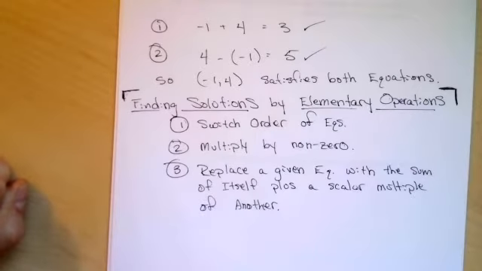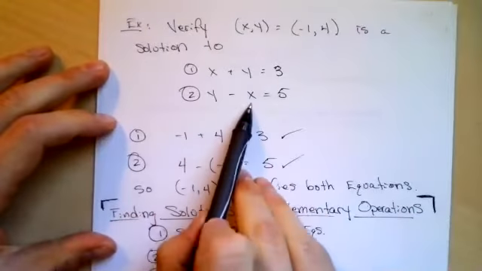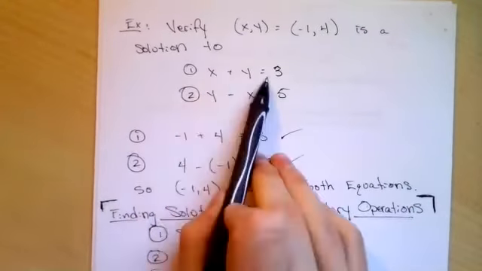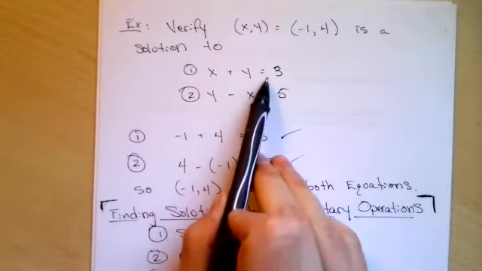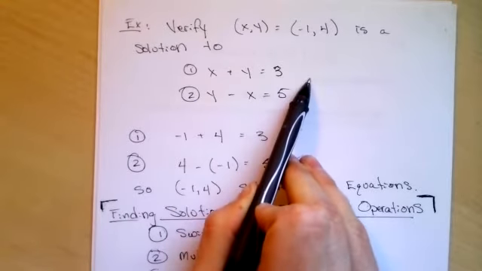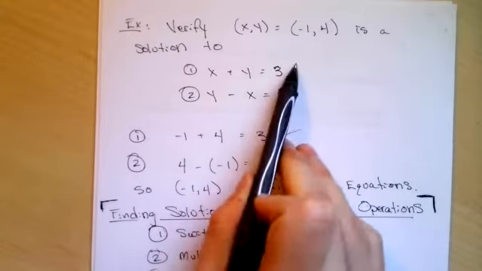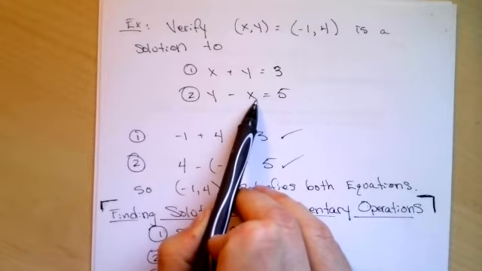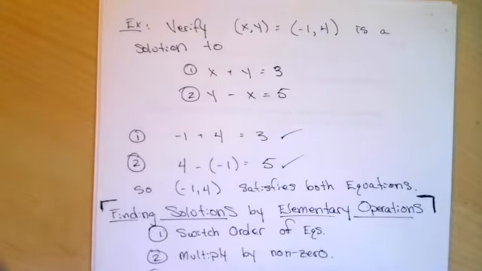So there are some other methods that you've probably learned. So for example, if we had this system of equations, we could do what are called substitutions. Namely, I could solve equation 1 for x, so x is equal to 3 minus y. And then I could plug that 3 minus y in for the x value in the next equation. And that would result in solving for y.